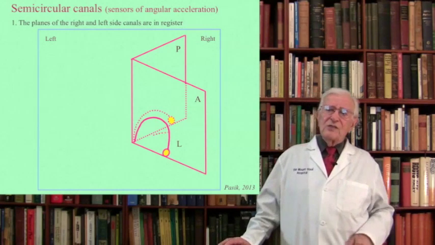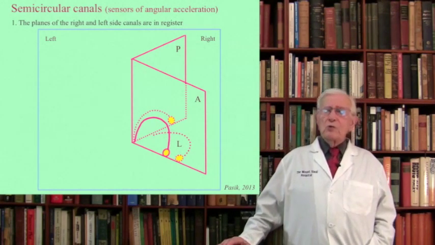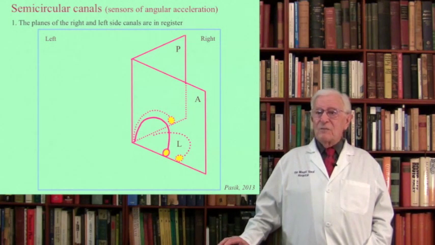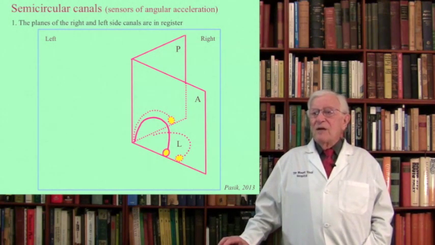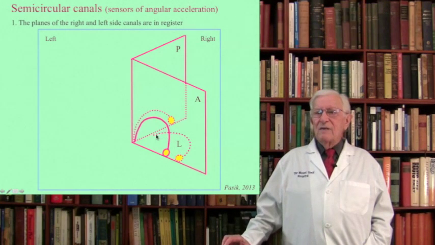As this cartoon shows, the semicircular canals have a regular opening on one side, but on the other side, the canal gets dilated in something called the ampulla, as we are going to see in a moment.